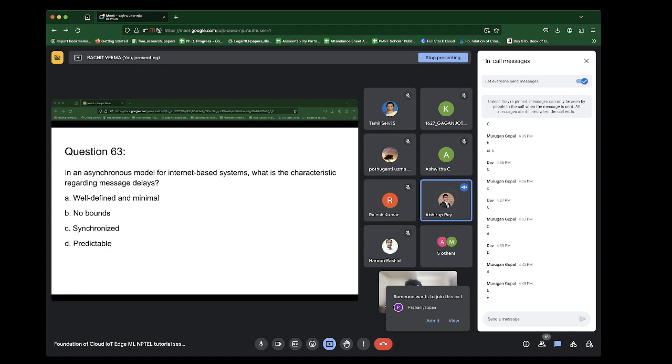If they are following it, then it was written bounds within RTT, round trip time. Yes. No, let's assume that nothing is being followed. Then no bounds. Yeah, that's the right answer. No bounds. Any other responses?